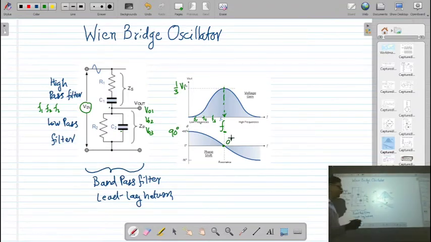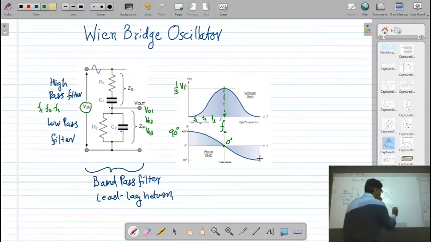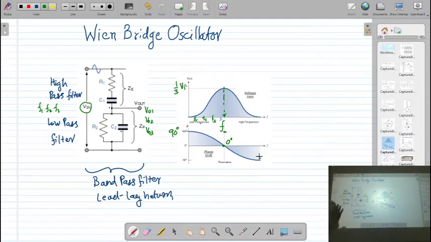Then as we increase the frequency, the phase goes on changing to -10, -20, -30, and at maximum up to -90 degree. So in a Wien bridge, as we change the frequency, the output voltage is changing, and at the same time the phase difference between the input and output is also changing.